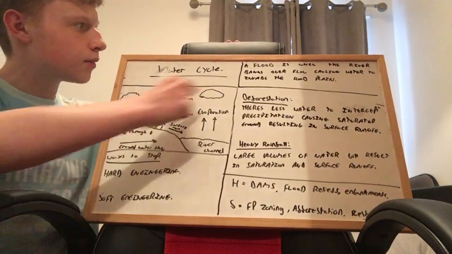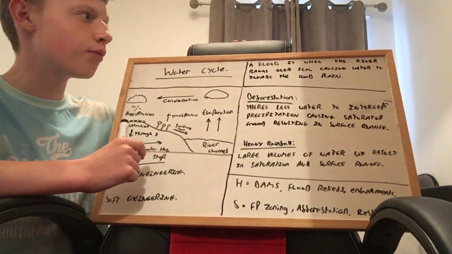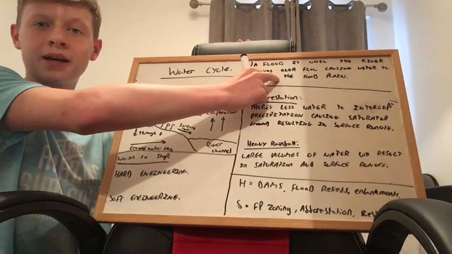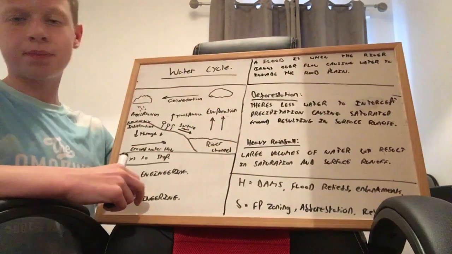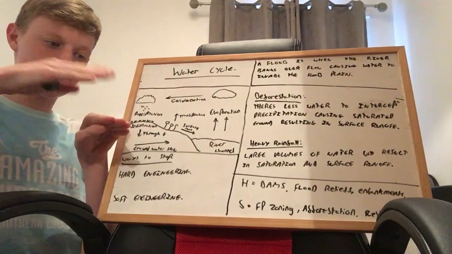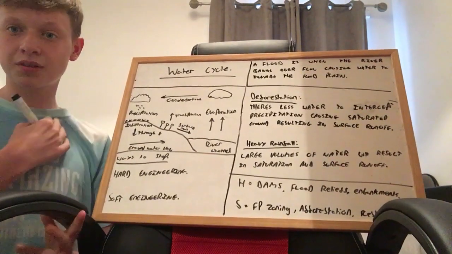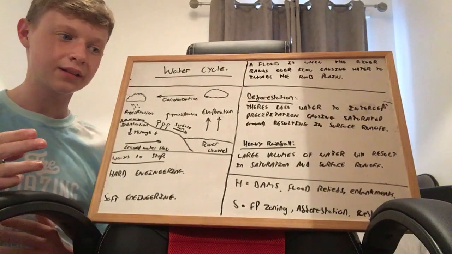Now, what is a flood? A flood is when the river banks overflow, causing water to invade the floodplain. So basically, when the water goes past the embankments and it invades the floodplain, it goes onto the floodplain. Now, this is obviously not very good, but this is how floodplains get created.